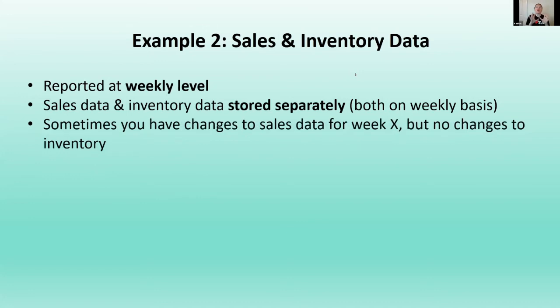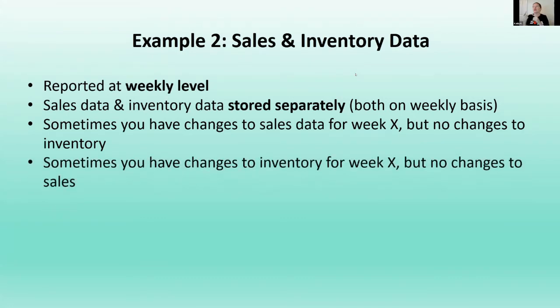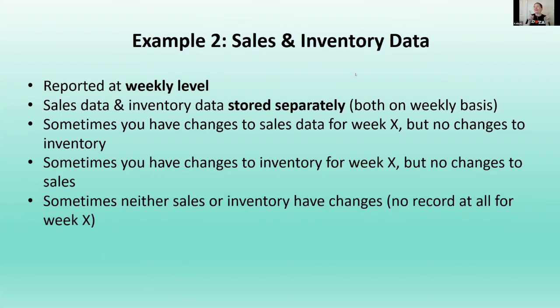What I want to call out, again, relevant for scaffolding, is that in this scenario sometimes we have changes to the sales but no change to the inventory, and vice versa. Sometimes we have changes to the inventory but no changes to the sales. And the third scenario is where neither has any changes, so we have no record at all.